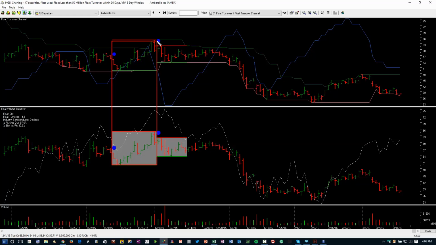You can see that the stock was rising, but the blue line was going up, which means the float is not turning over as fast, which means that the volume is not increasing. Now, why do you suppose that was? Well, it's because the holders of the shares were just holding on to them as it bounced off of this line and started moving up.